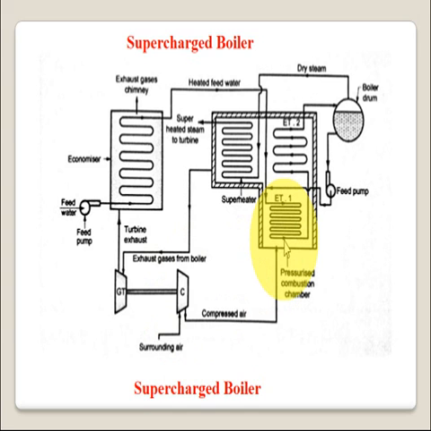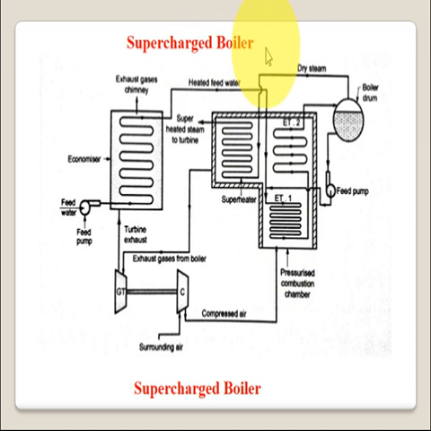So in a supercharged boiler also, fuel is burned under pressurized conditions, more than in the Velox boiler. As we have already discussed, when pressurized air is in the combustion chamber, the air velocity increases and the heat transfer rate increases in the convective, radiative, and superheater sections.